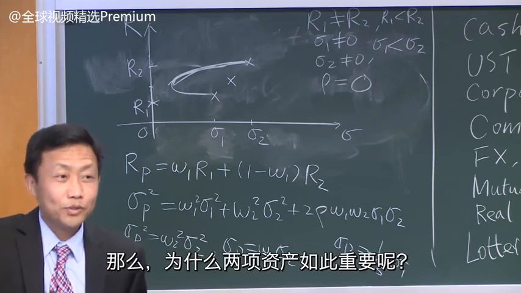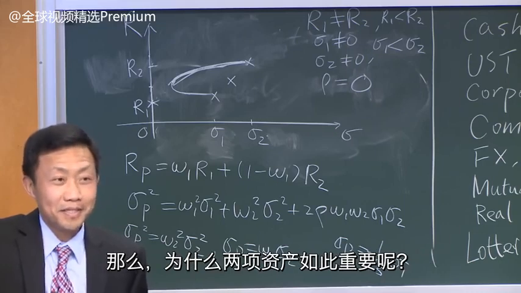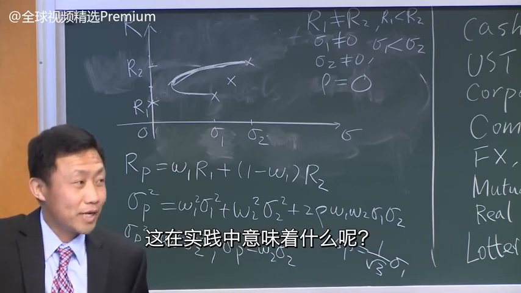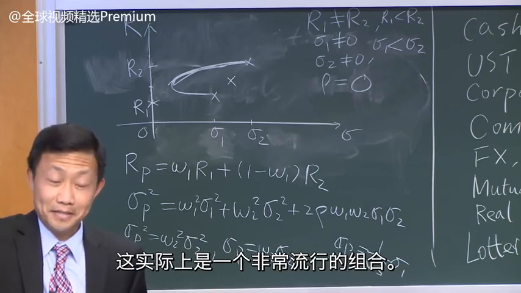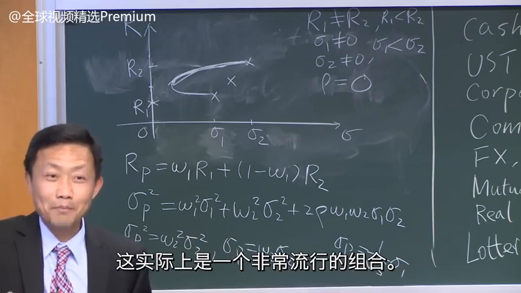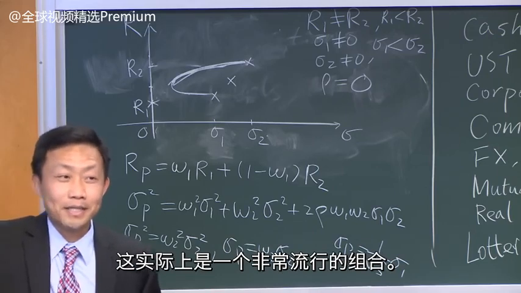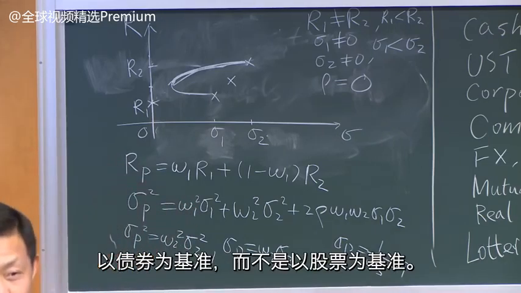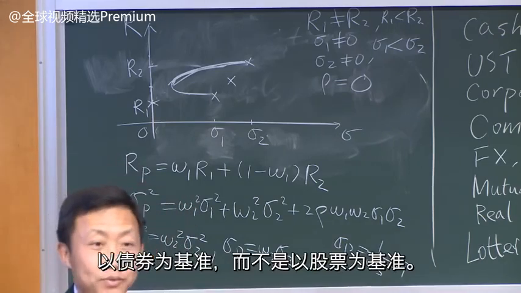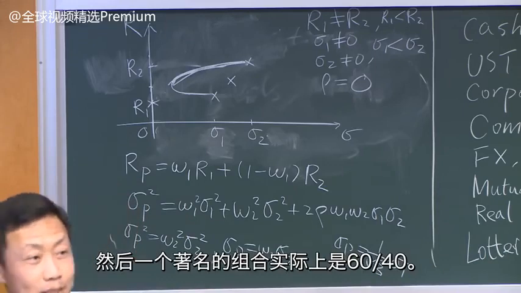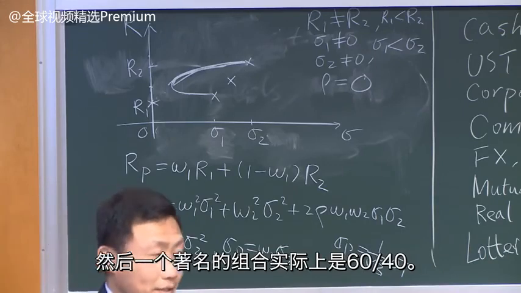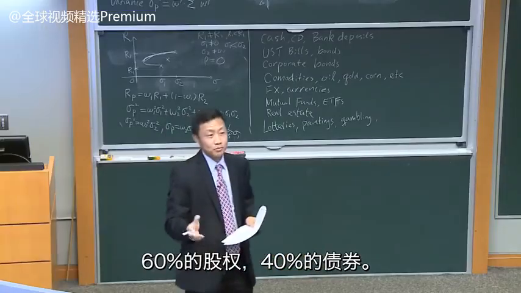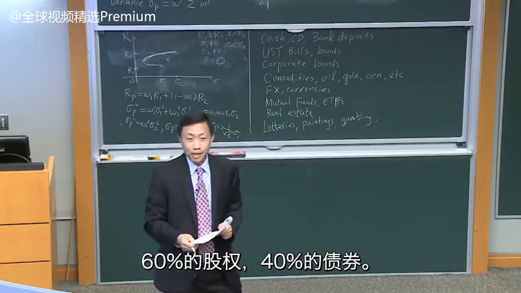Right? So why are two assets so important? What's the implication in practice? It's a very popular combination. A lot of the asset managers simply benchmark to bonds versus equity. And one famous combination is 60-40. They call it the 60-40 combination, 60% in equity, 40% in bonds.